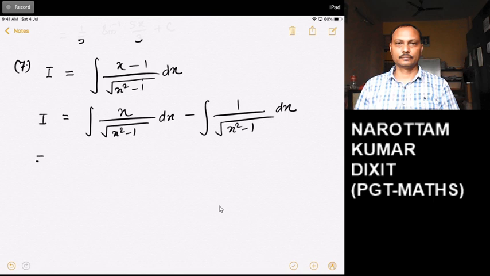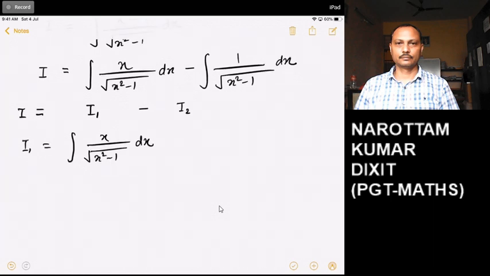Now we can write the first integration as I1 and the second one as I2, and we will solve separately, then place the values. So I1 is here integration of x upon under root x square minus 1 dx. Here if we take x square minus 1 equals to t, then the derivative of x square minus 1 will be 2x dx.